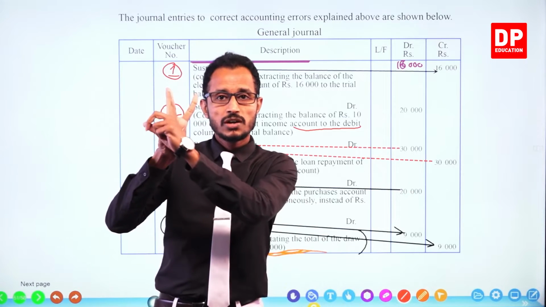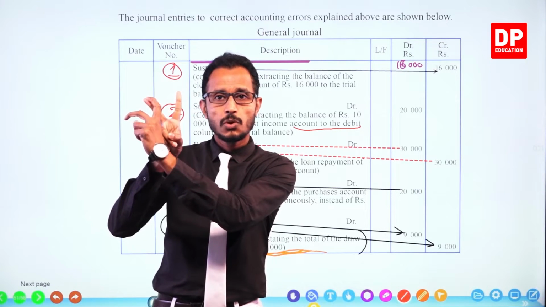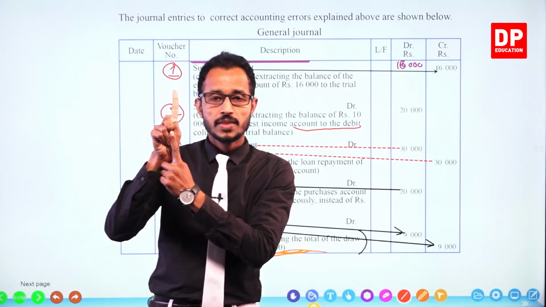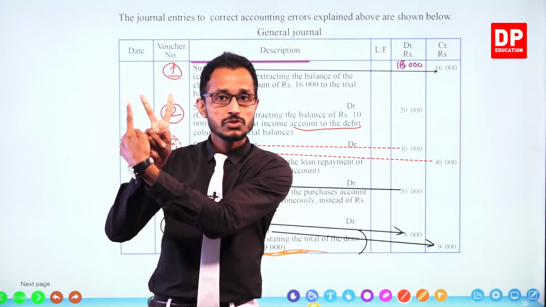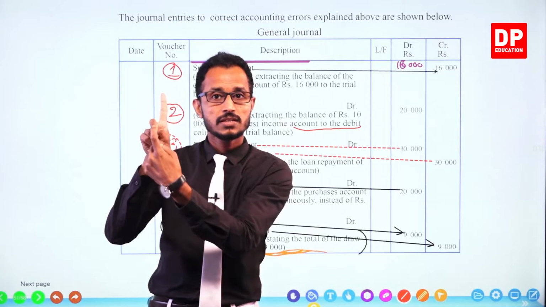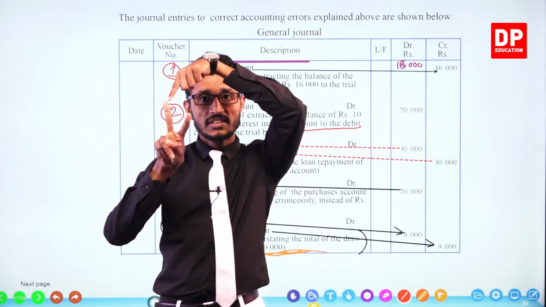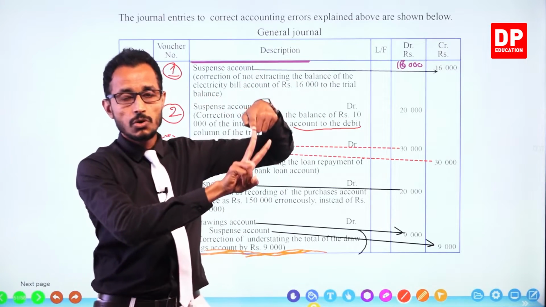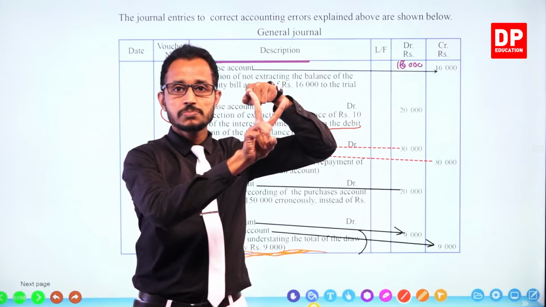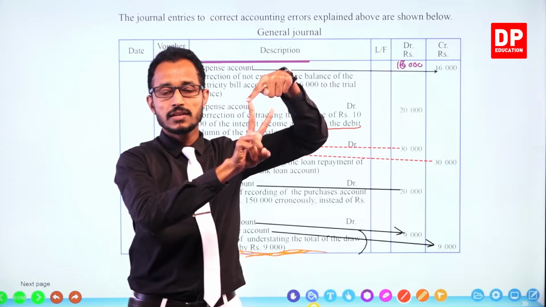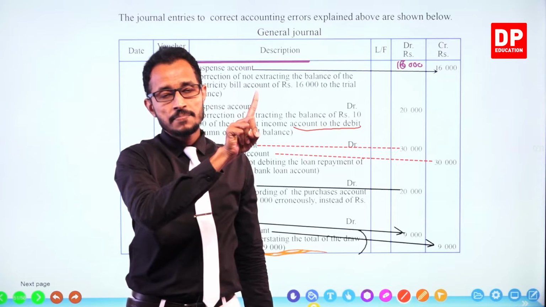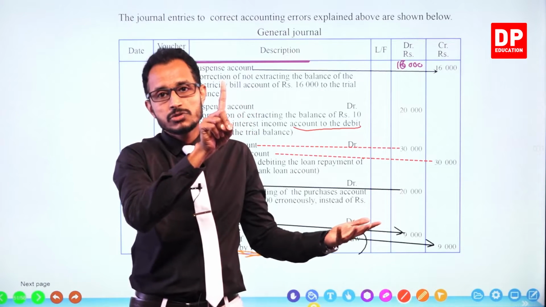If the error does not affect the trial balance, no problem, you can just put a double entry to correct it, and no entry goes to the suspense account.